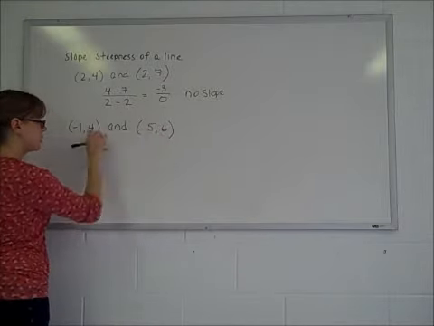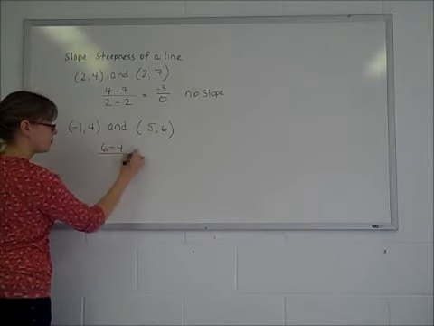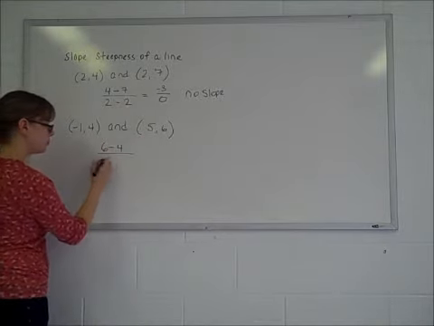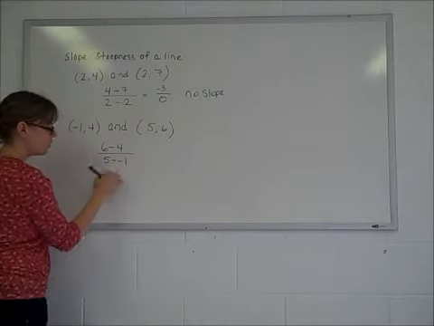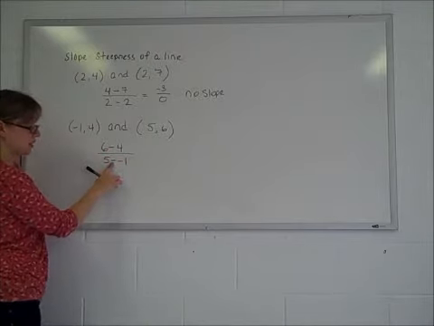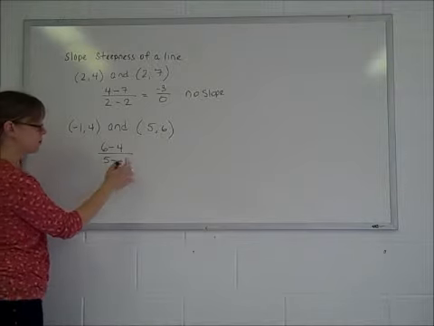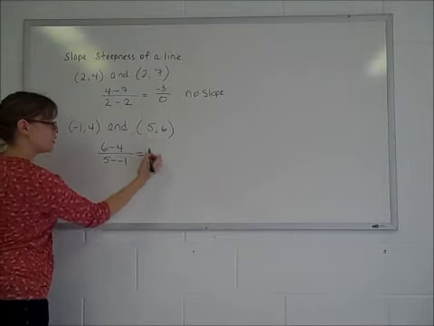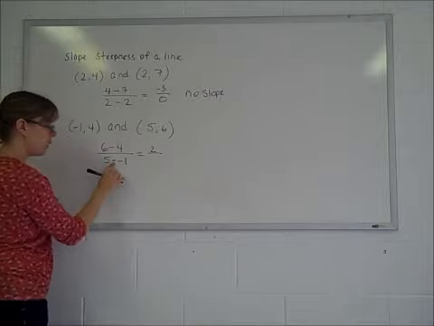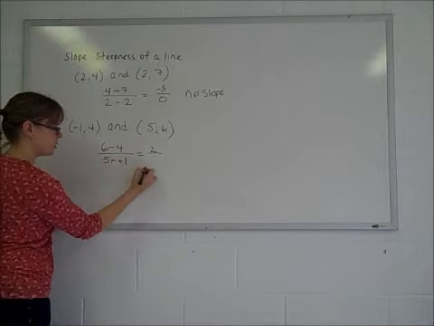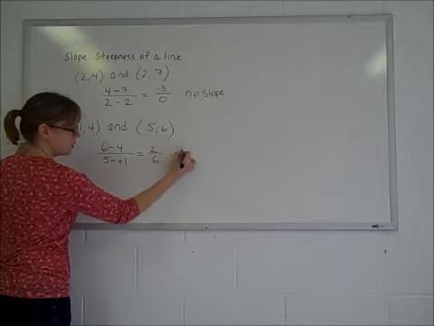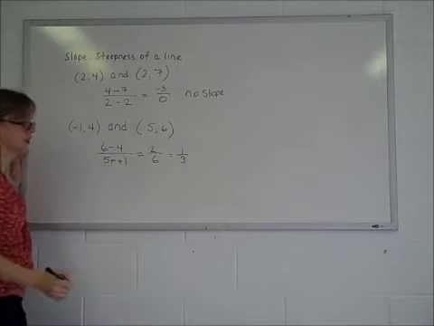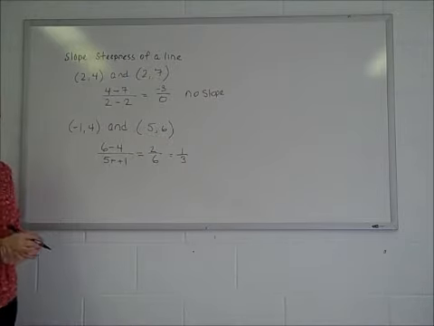So 6 minus 4, I have to start with the 5, minus negative 1. Don't forget that even though I have a minus sign there, it doesn't take the place of that negative. 6 minus 4 is 2. Minus a minus means plus a plus. So that's over 6, which reduces to 1 over 3. So the slope for this line is 1/3.